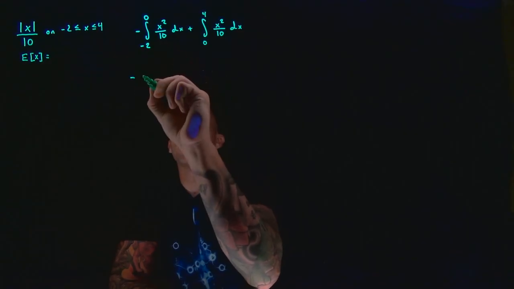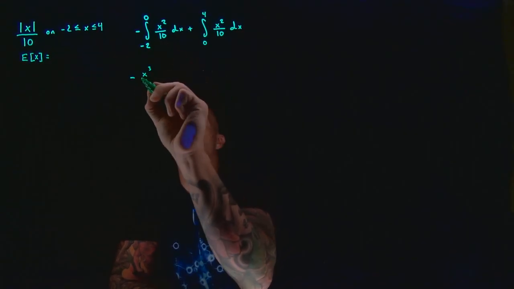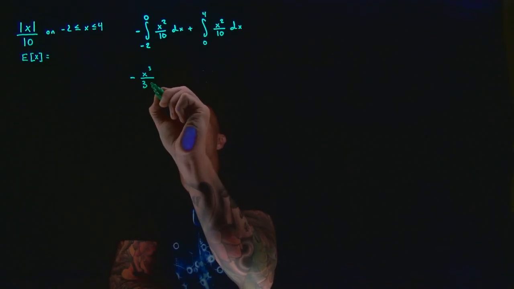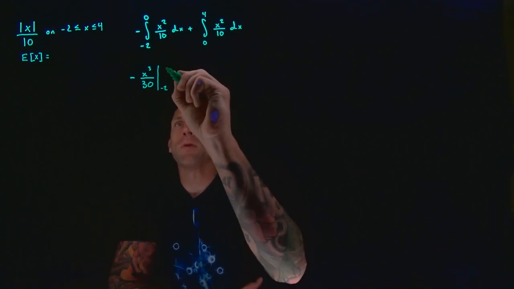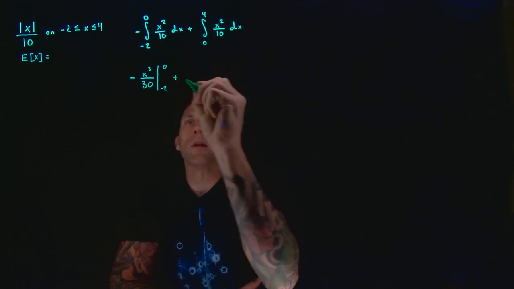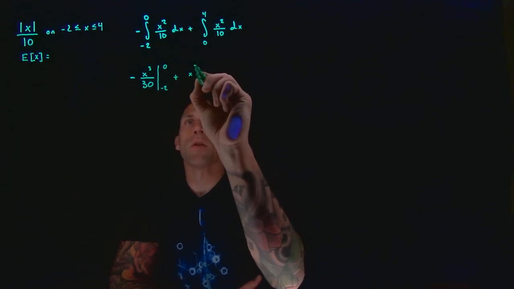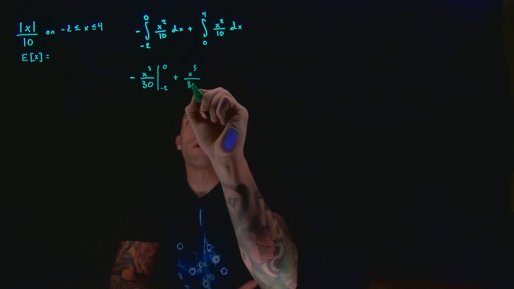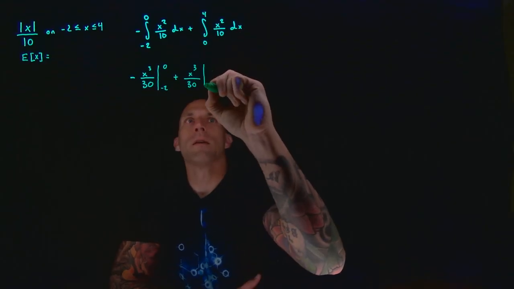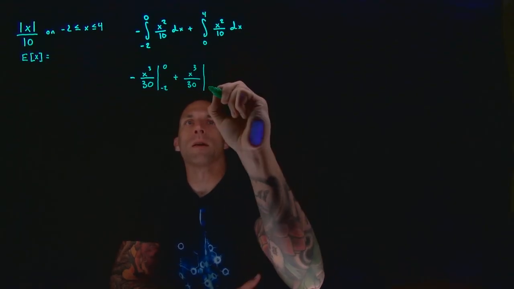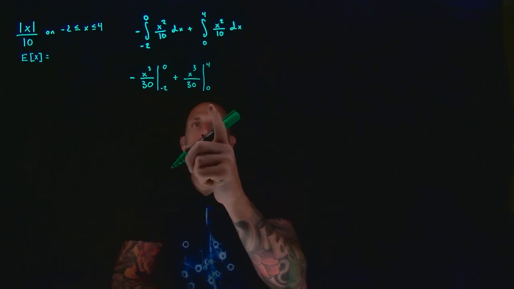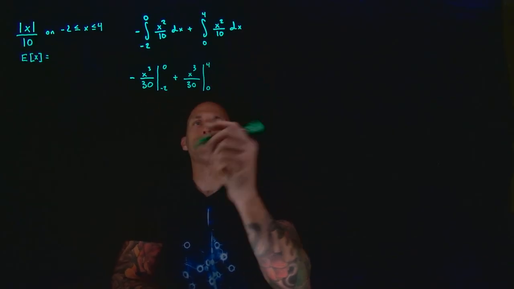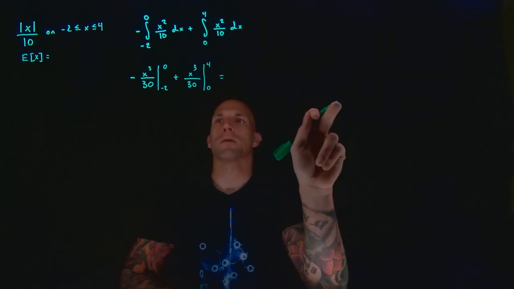So let's do the integration. This here would be negative x to the third over 30 using the power rule, evaluated from -2 to 0. And then we will add on x to the third over 30, evaluated from 0 to 4. And I'll go ahead and write out every piece here. Let's maybe go horizontal.